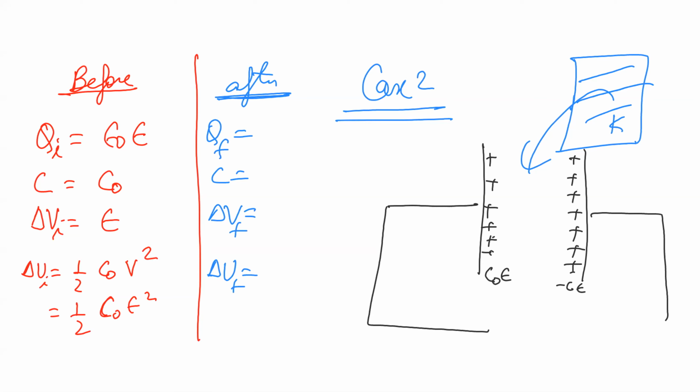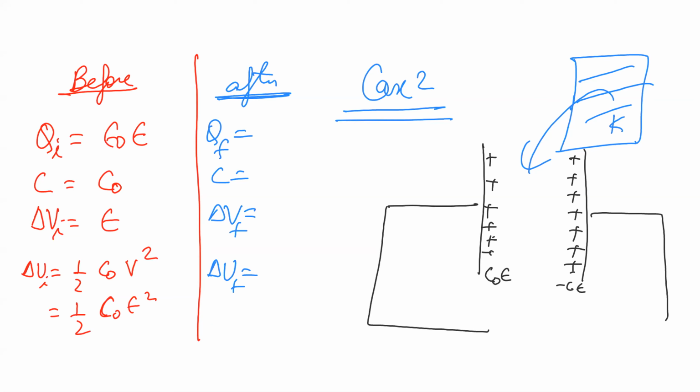What will happen to charge? Can charge change? The answer is no, charge cannot change. Why can charge not change? Like last time charge has changed, this time charge is not changing. Why? Anyone?